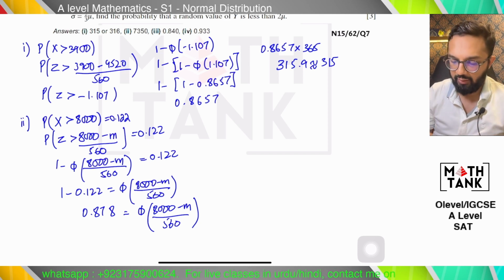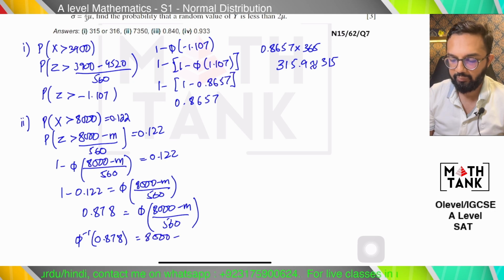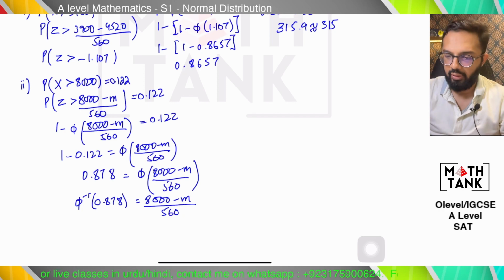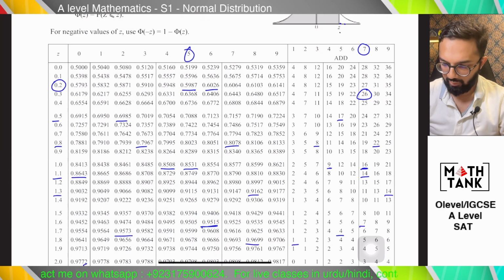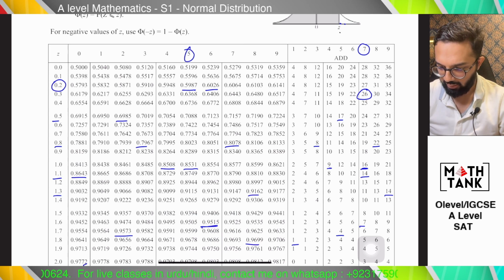Then phi inverse of 0.878. So reading 0.878 from my table, reverse reading, 0.8770 plus 10.